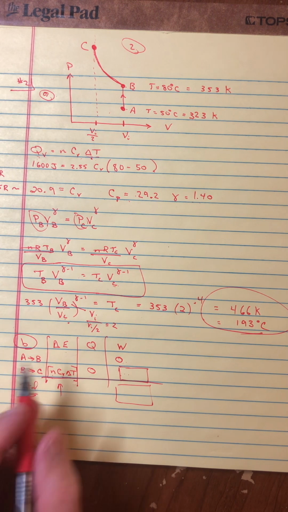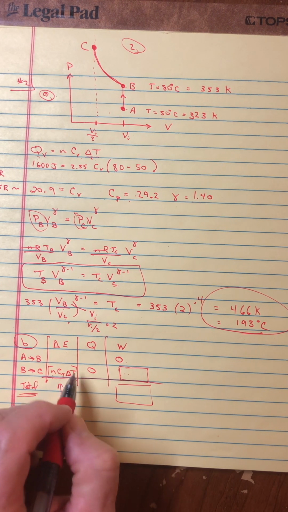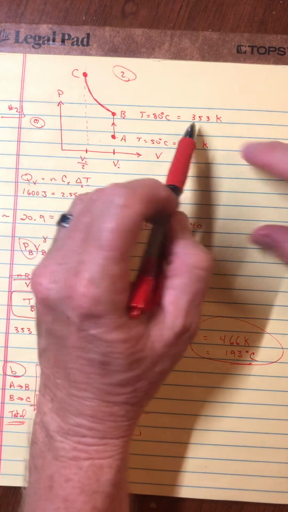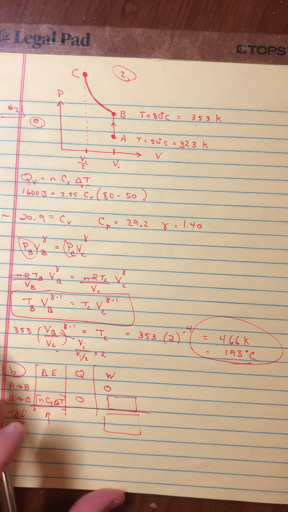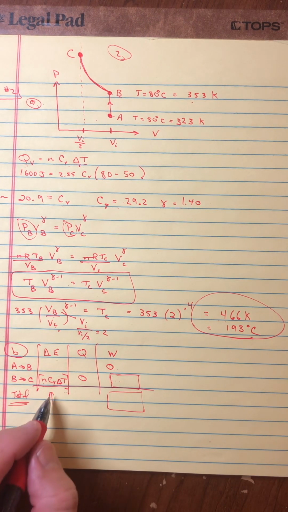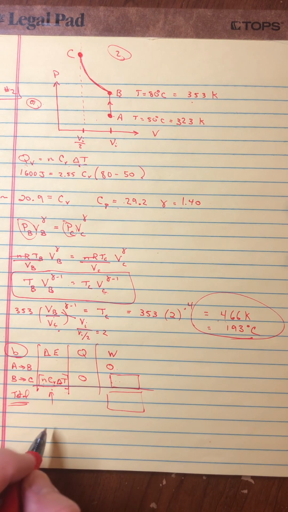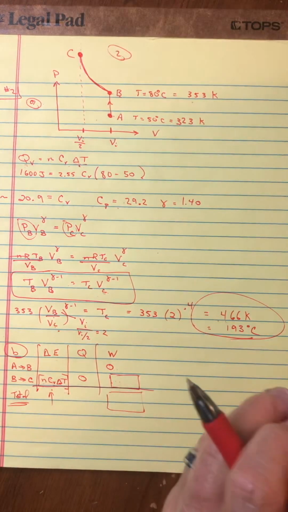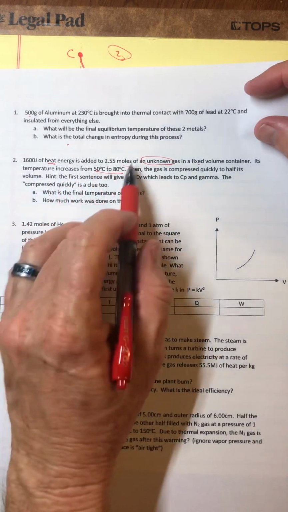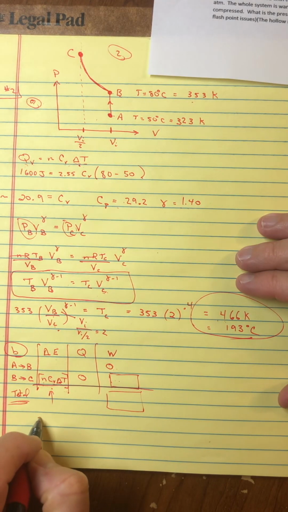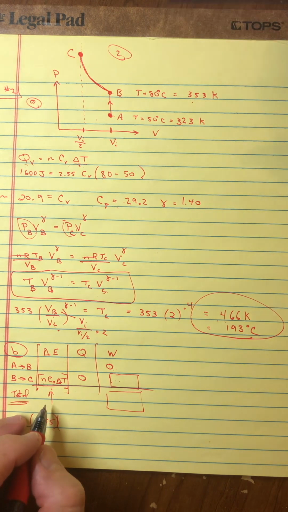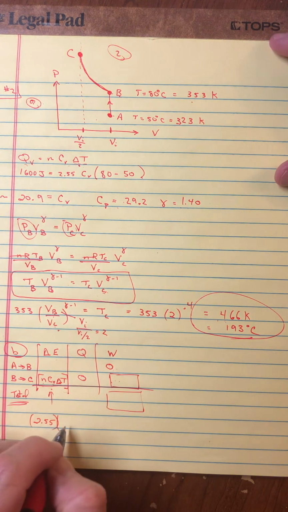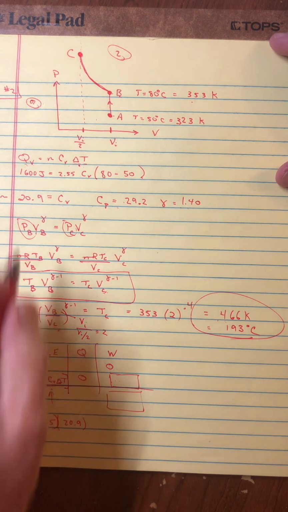And I know this change in temperature. Looking at B to C back here, it started at 353 and it warmed up to 466. So I think I should do this calculation right here. I'll need the number of moles. So coming back to this problem, number of moles, 2.55. So 2.55. And CV is what we did earlier, 20.9, right here.